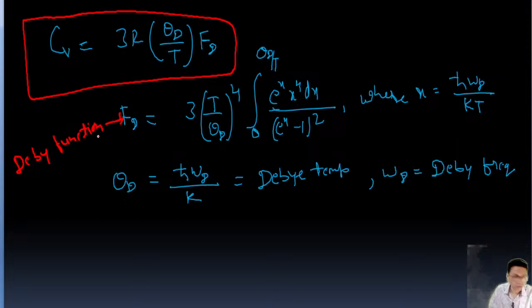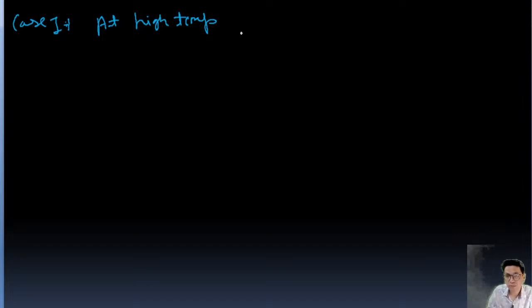Now, at high temperature, case 1: at high temperature, Cv is going to be 3R.